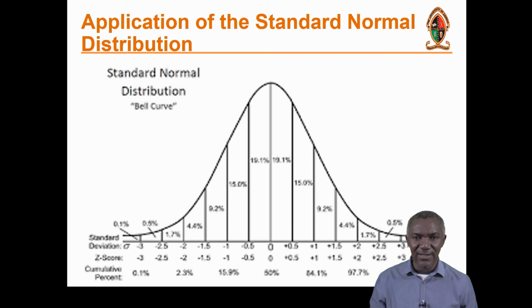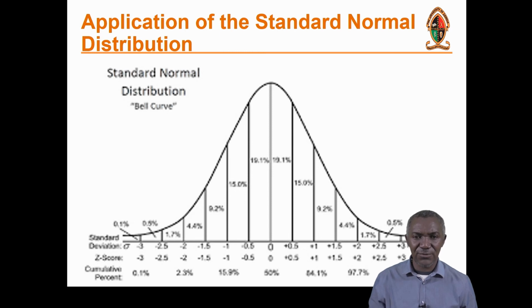So if this is 68%, which means on the left we have got 34, and on the right we have 34. Let me talk about the left: from the mean to where -1 is, this area is about 0.34.